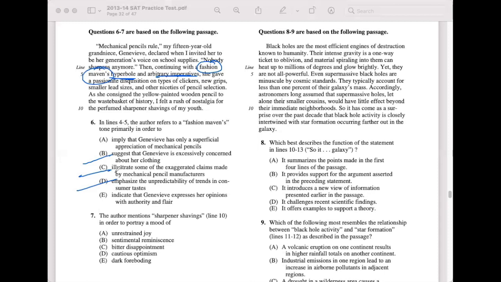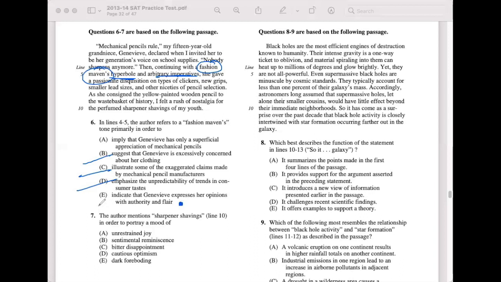Even though he uses words that might indicate otherwise, like hyperbole, which is not really a positive word, when a fashion maven uses hyperbole, it is to present an effect that you are deeply knowledgeable about what you are saying, and you're trying to give the impression that that knowledge should transfer to the listener. So I like E better, right?